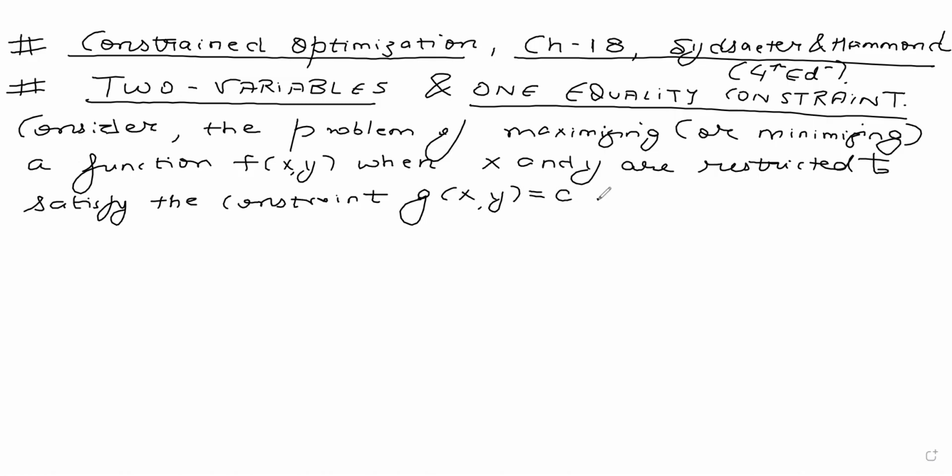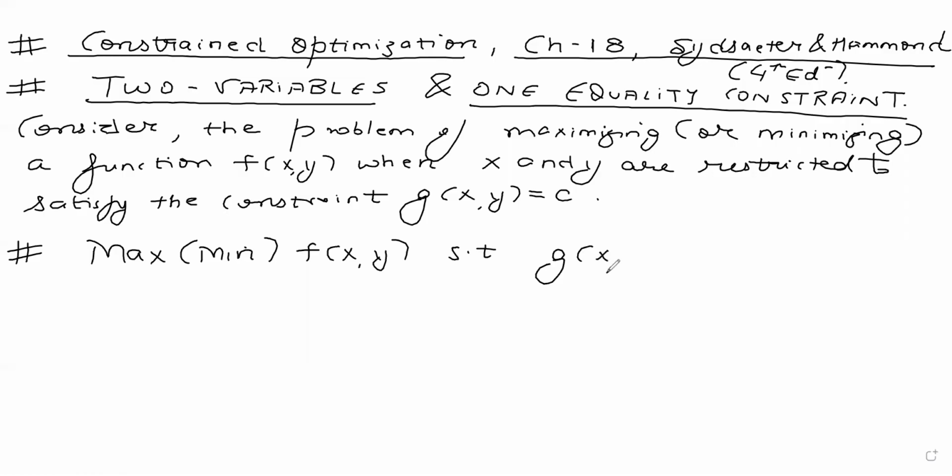So we have the following problem. I can write it in a more clear way. The objective is to maximize or minimize f of x, y subject to the constraint g of x, y equal to c.